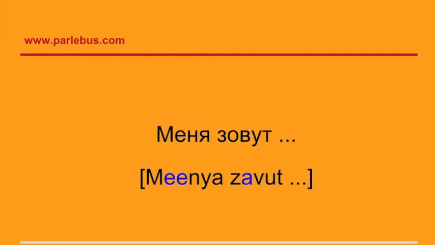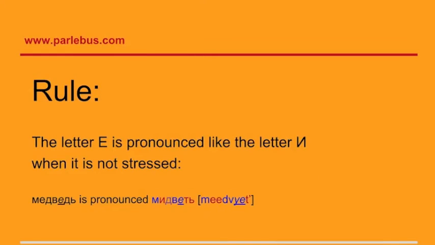For example, even though the correct spelling is меня зовут, it's better to sound like Russians, so say меня зовут. Remember this rule. The letter ye is pronounced like the letter i when it is not stressed. For example, do you remember how to say a bear in Russian? That's right, медведь.